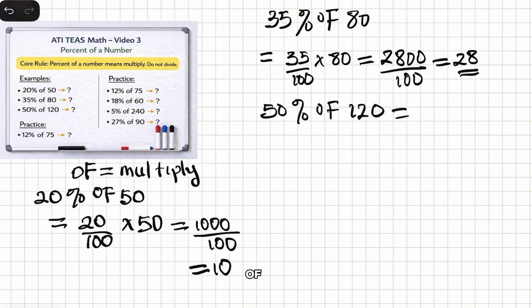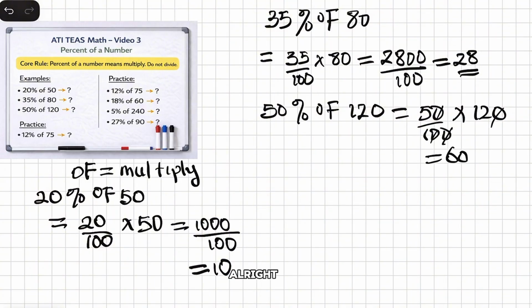So half of 120 is going to give us 60. So let's go ahead and look at it. We have 50 over 100 times 120. Of course, it's going to give us 5 times 4, which is 60.